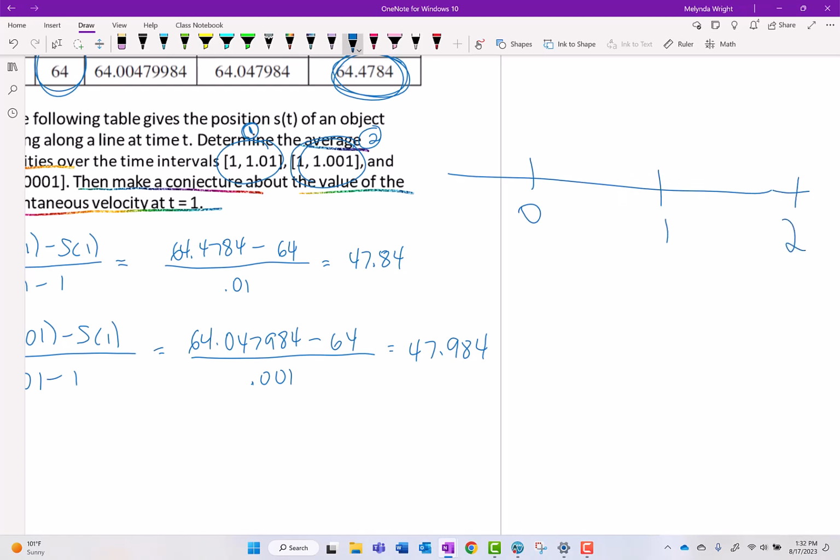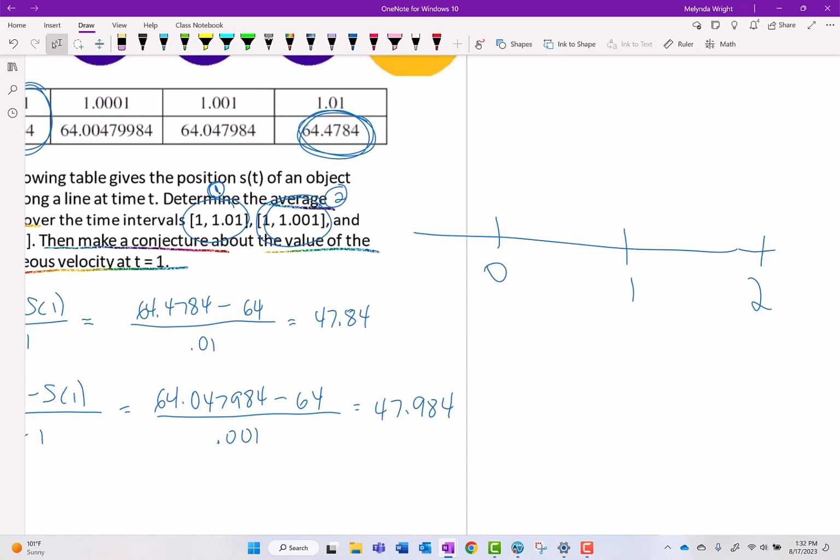We know where 1 is. What about 1.01? Isn't that pretty close? That's like right there. And what about 1.001? That's even closer.